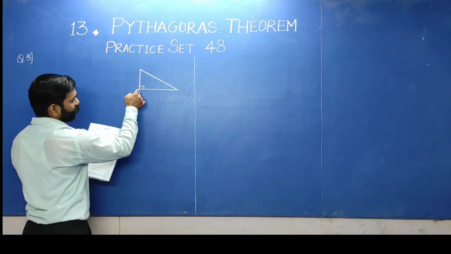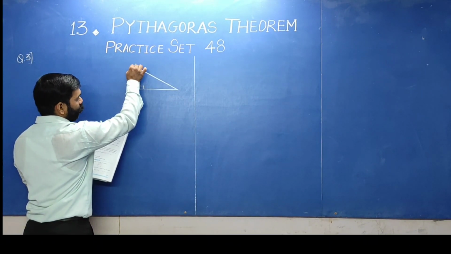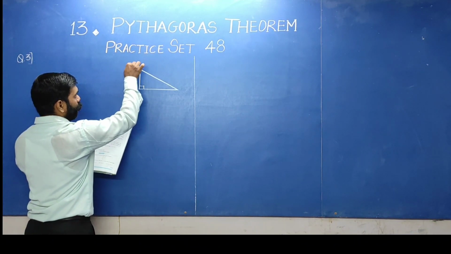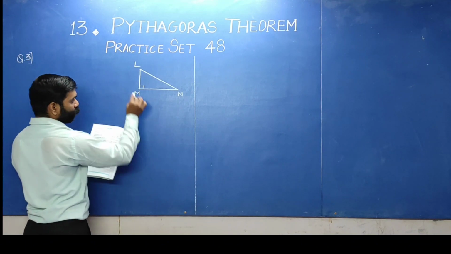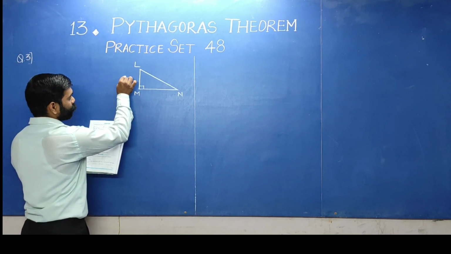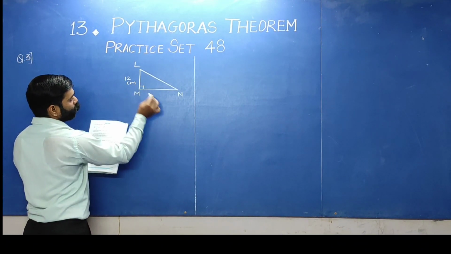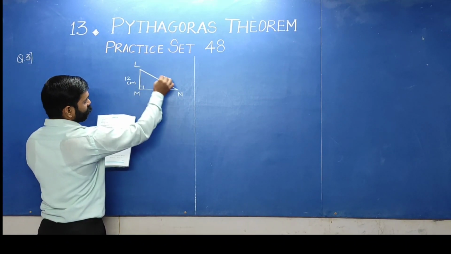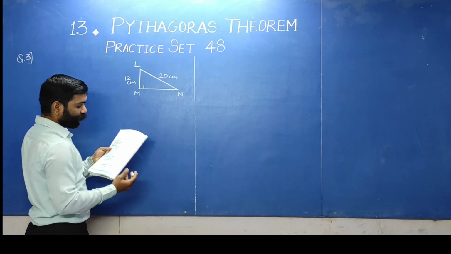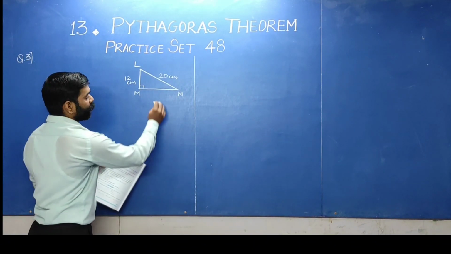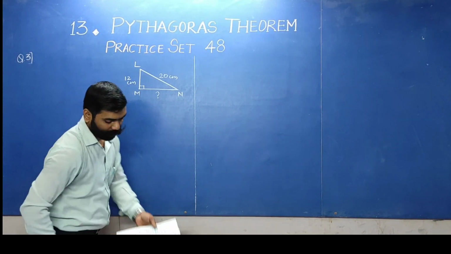So M is 90 degrees, so we will write M here. L, M, N. LM is given as 12 centimeter. LN is given as 20 centimeter. The hypotenuse is given. We have to find MN. This value we need to find.